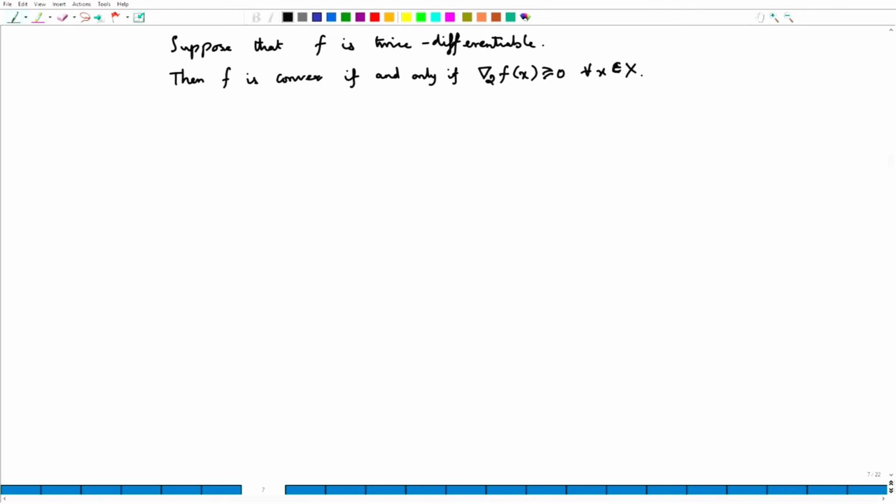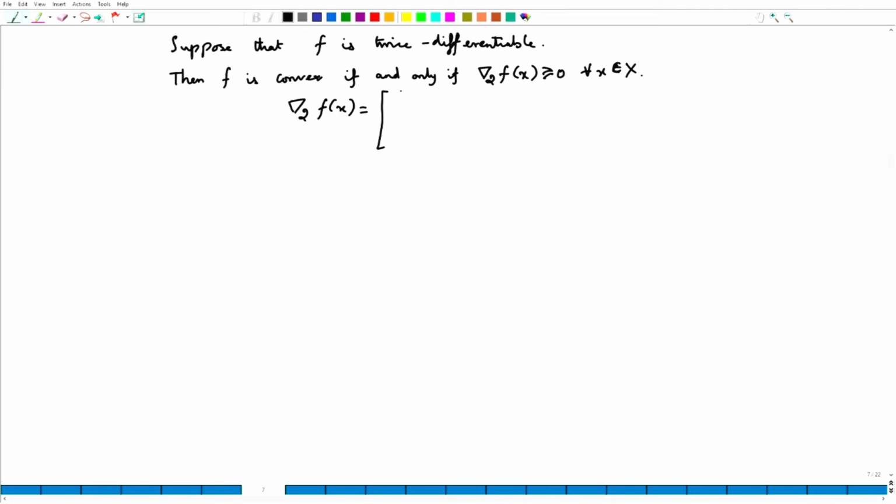Okay. So, as a side note, the Hessian matrix is just the matrix consisting of the second order derivatives of f.